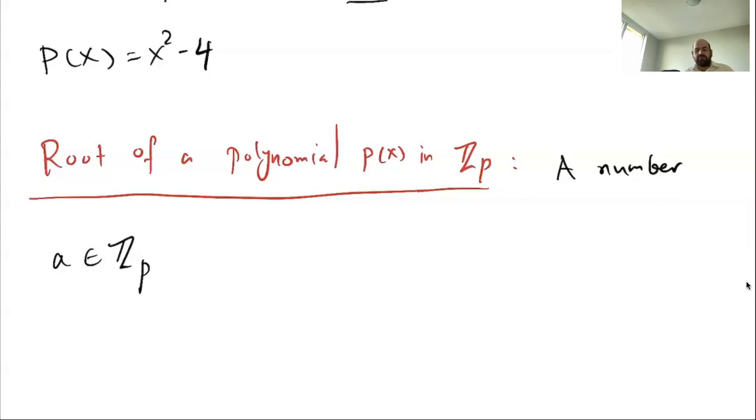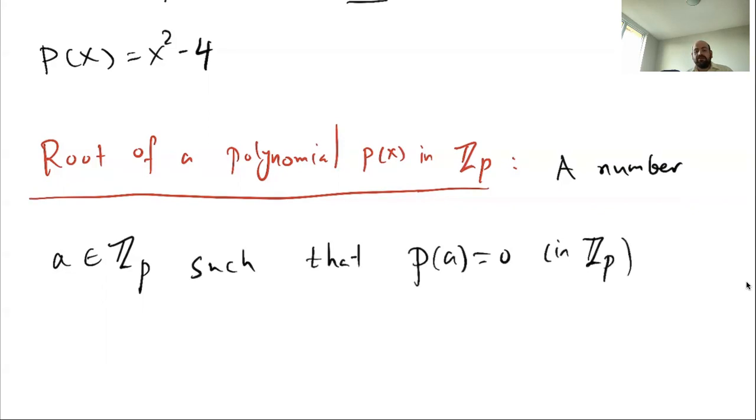We have to choose a number from this set Zp. Zp is now our new universe. So a root of a polynomial P of x in Zp means a number a in Zp such that P of a equals 0 in Zp.